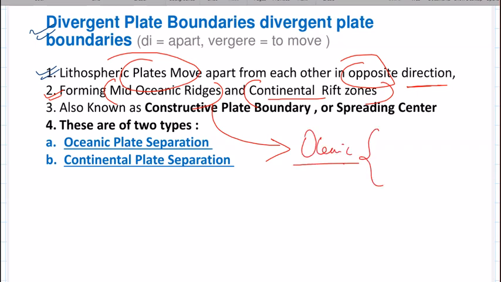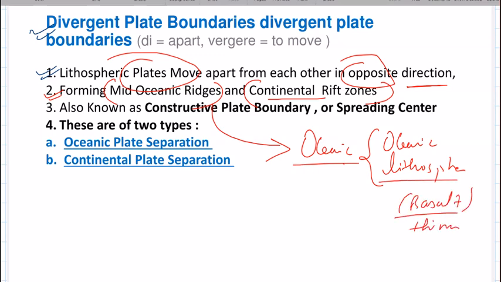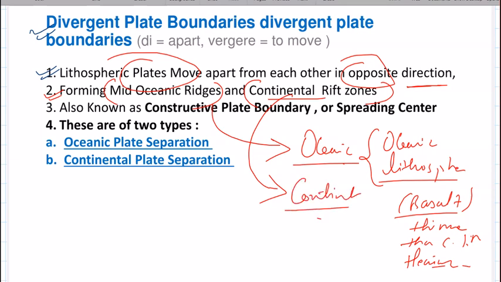If there is an oceanic region, the lithosphere will be oceanic lithosphere, made up of basalt. It is thinner than continental lithosphere, and also heavier or denser. While the continental rift zone, like the East African rift, is happening in the continental region. It is also known as a constructive plate boundary or spreading center.